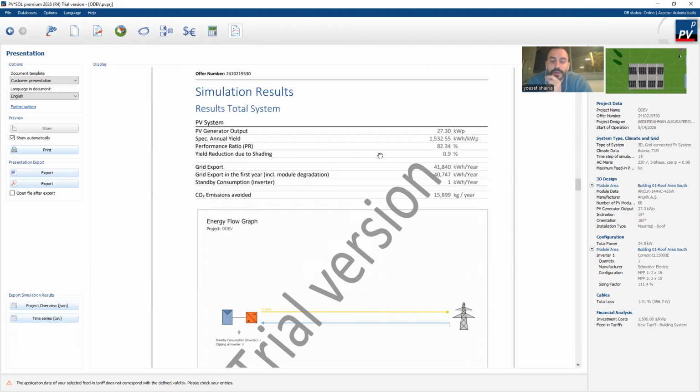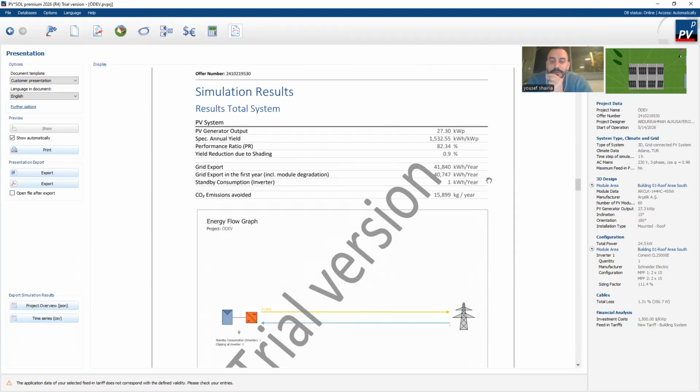A PR of 82% is considered excellent. The industry standard for a well-designed system is typically between 75 and 85%.